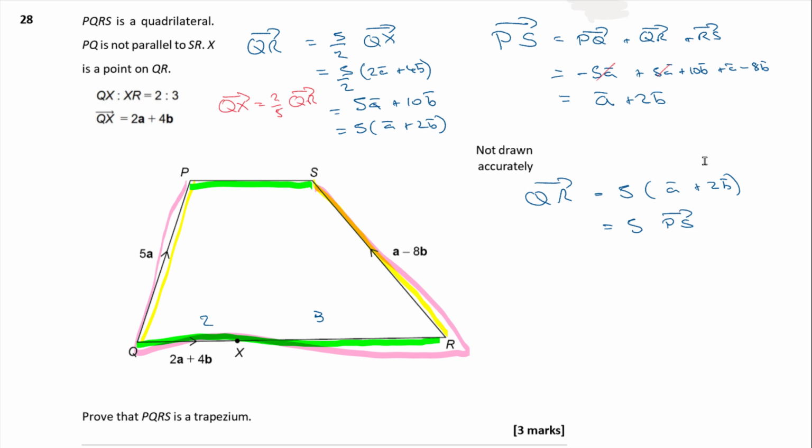In other words, QR is a scalar multiple of PS, and therefore QR and PS are parallel. Because if one vector is a scalar multiple of the other, they're both going in the same direction, and therefore they must be parallel. So we've found that QR is a multiple of PS, and therefore we're all good.